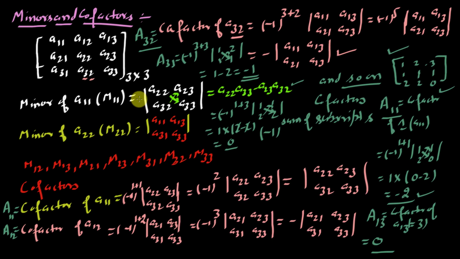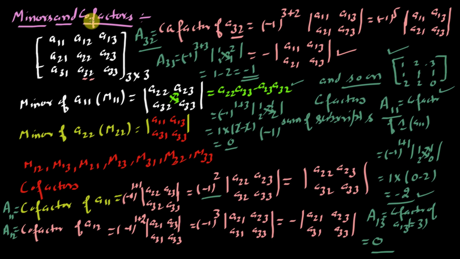And in minor we don't prefix any sign, unlike cofactors. In cofactor we do include the sign, which is minus 1 raised to the power sum of subscripts. And that is minor and cofactor.